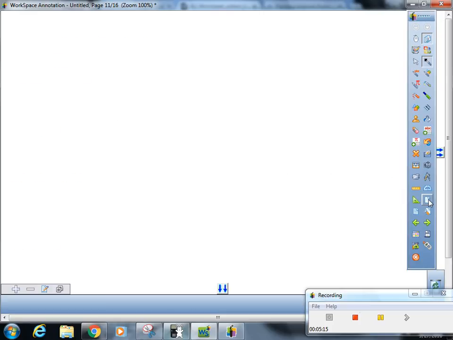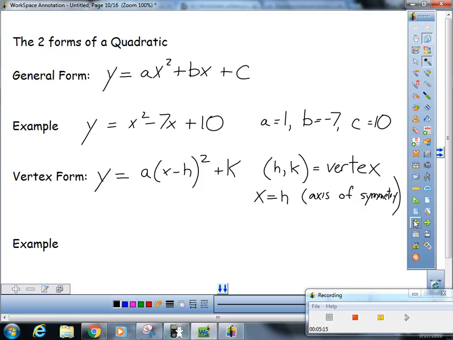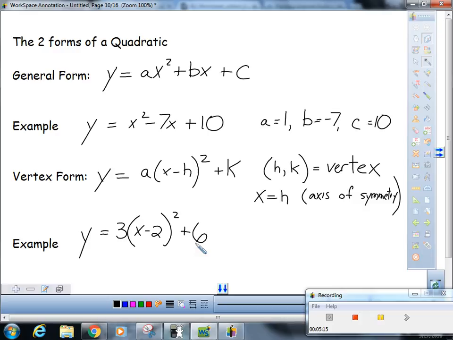So, here, let me give you an example. What you might see is something that looks like y equals 3 times x minus 2 squared plus 6, okay? Well, if it was given to you in this form, maybe you recognize this 3 is going to make it 3 times steeper. This minus 2 is going to shift it right 2, and this plus 6 is going to shift it up 6.